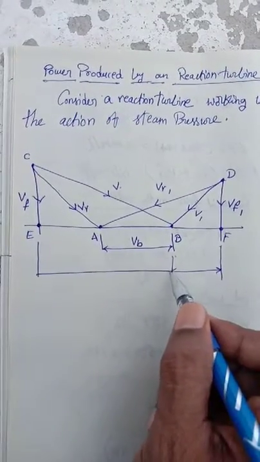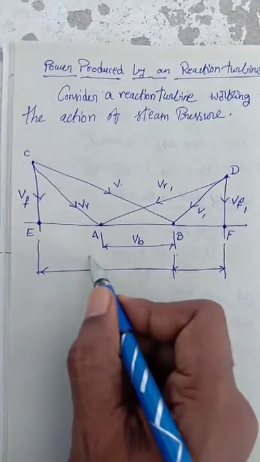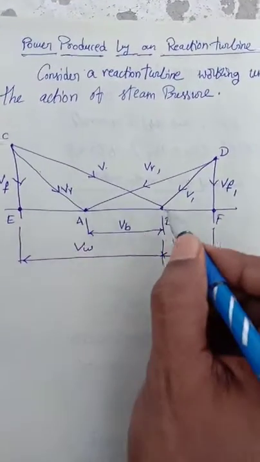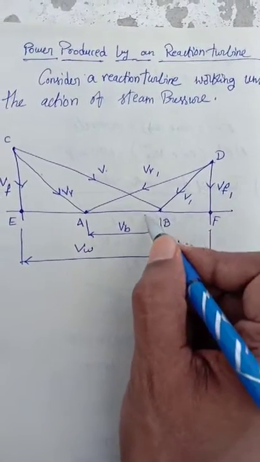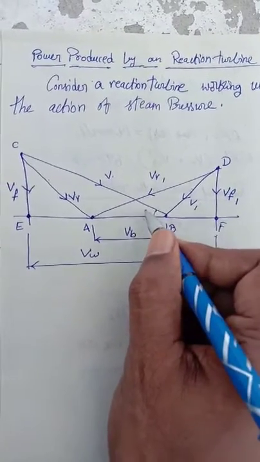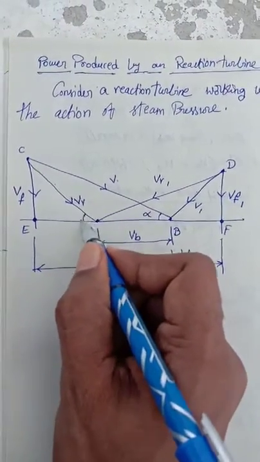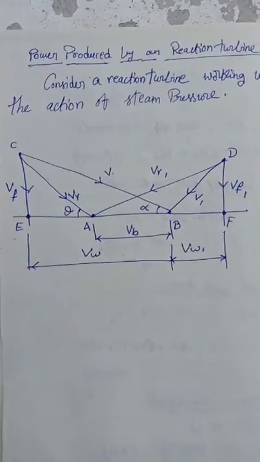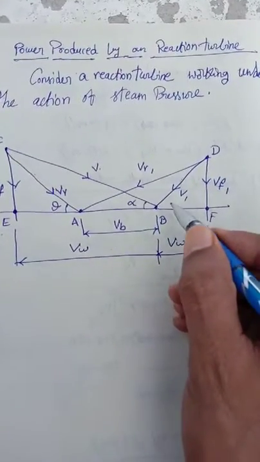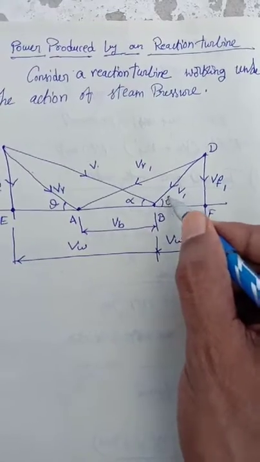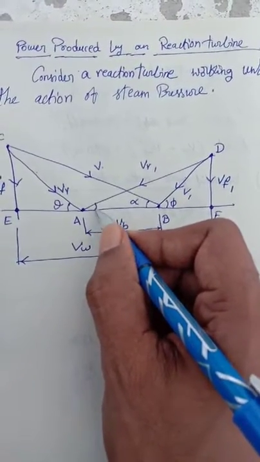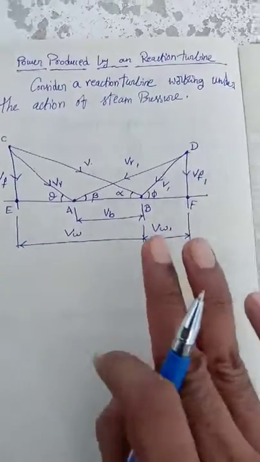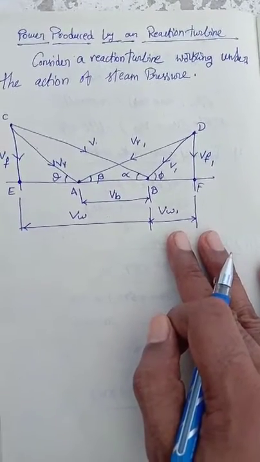Now here you can see the velocities. Now here it will come angles. Okay, I take this is alpha, this is theta, and phi. Now here we go for beta, like that. Okay, so this is the velocity diagram for the reaction turbine.